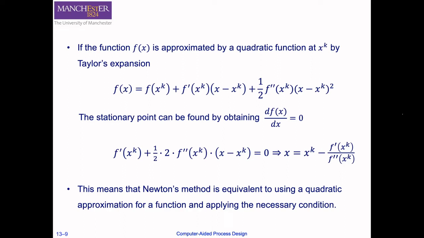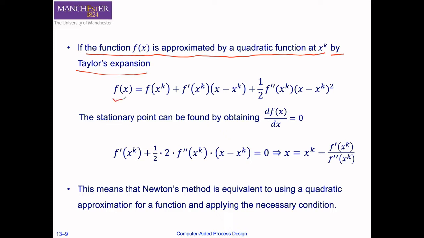Let's see what Newton's method implies about the function f(x). Suppose the function f(x) is approximated by a quadratic function at xk. We can develop this approximation by using Taylor's expansion.